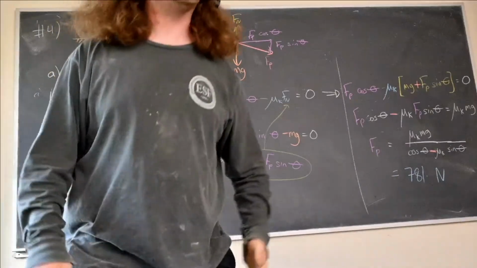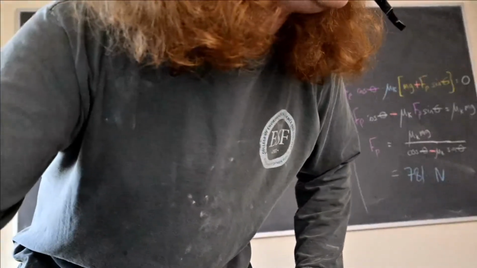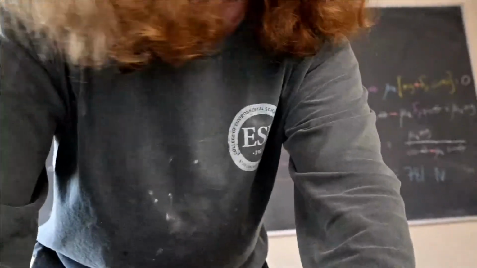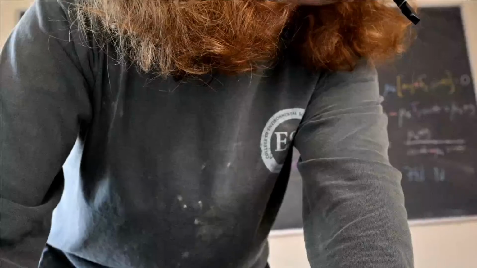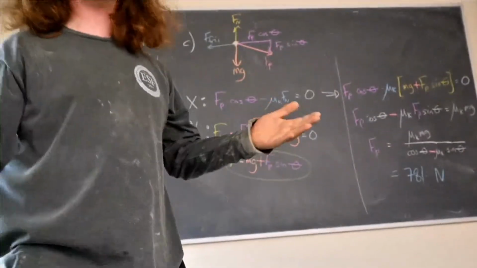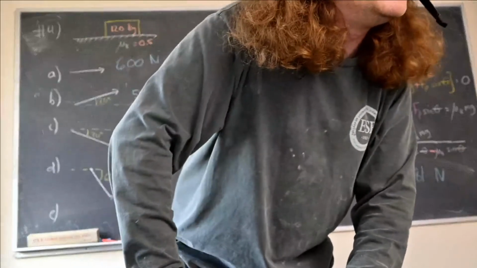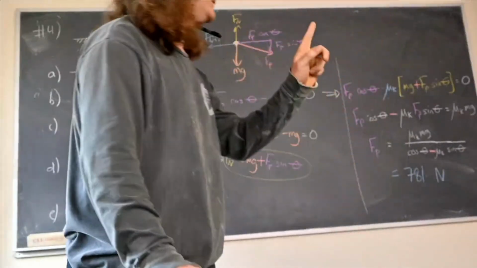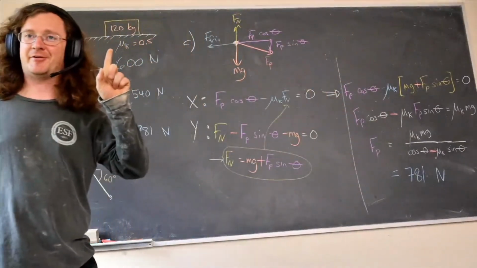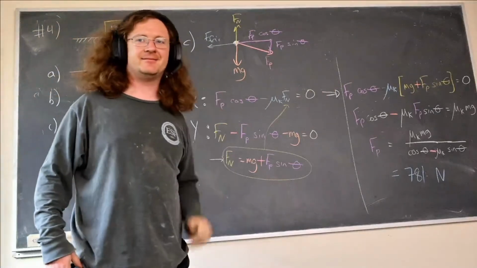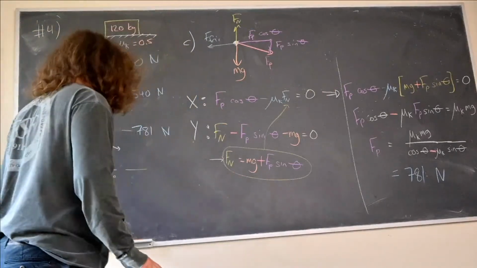So if I just take 60 degrees and I shove it into this formula, right? If I change the 20 degrees to 60 degrees and I just hit enter on my calculator again, oh, I changed the numbers in this problem too, and this is possible.